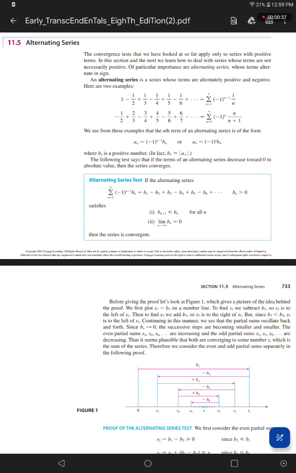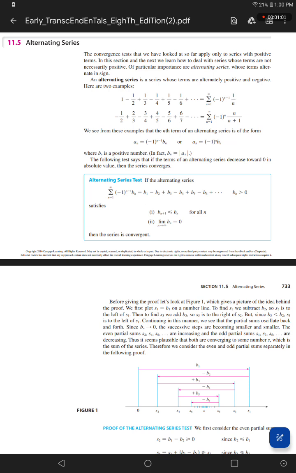Here are two examples. 1 minus 1/2 plus 1/3 minus 1/4 plus 1/5 minus 1/6 plus ellipsis equals the sum from n equals 1 to infinity of (-1) to the power n minus 1 times 1 over n.